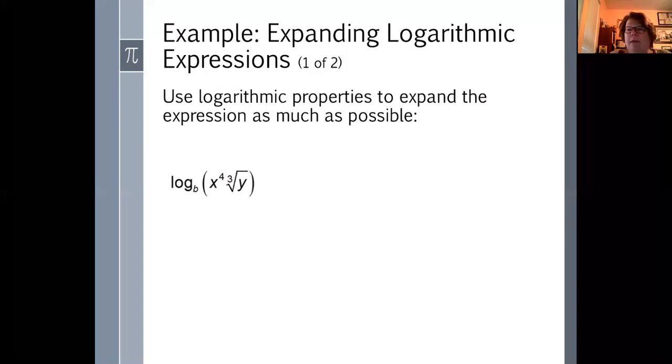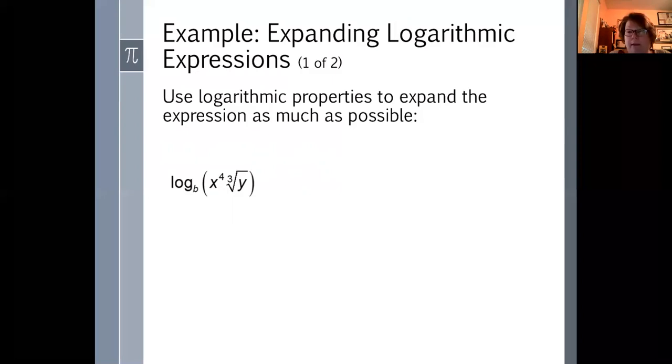Then you would use the power rule last. So in this case, since we have the log base b of x to the fourth times the cube root of y, we're going to expand this first using the product rule.